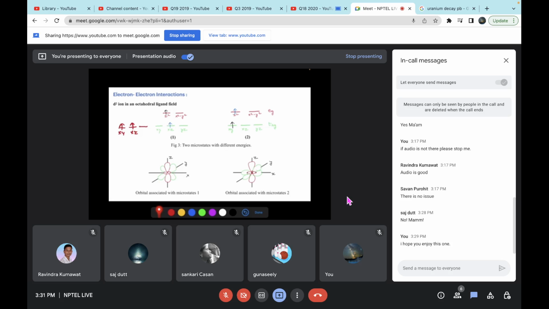And for the same transition, instead of my dxy electron, my xz electron jumps from t2g to eg of z2. So in total I have only depicted two microstates with different energy for the excited state, for one of the excited states, we can say.